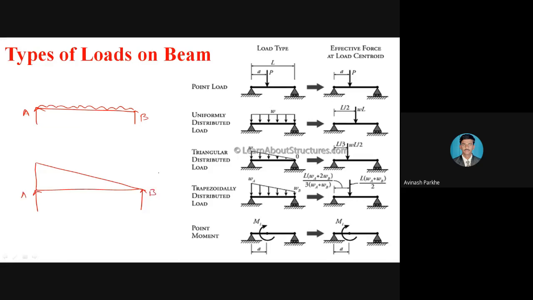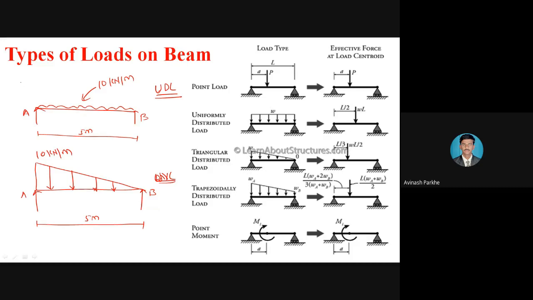Similarly, second figure A, B for the UVL. So here, this UVL is 10 kilonewton per meter, and the length of the beam is 5 meter. Same magnitude will be considered for the UVL, and its length is also 5 meter.